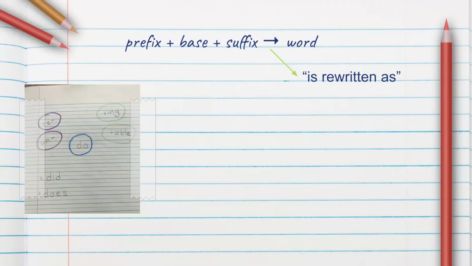So remember, when we're talking about word sums, we have our prefixes to the left of the base or base element. We have the base. And then we have our suffixes to the right, noticing, of course, that we don't say the front or the end, because once we start getting into morphologically complex words, you might have no prefix. So now the base is at the beginning, and then two or three suffixes.